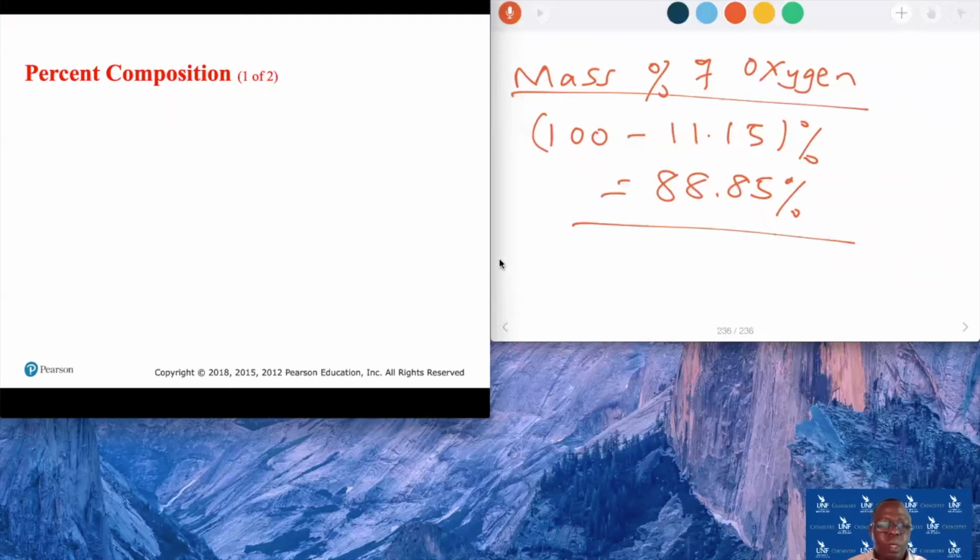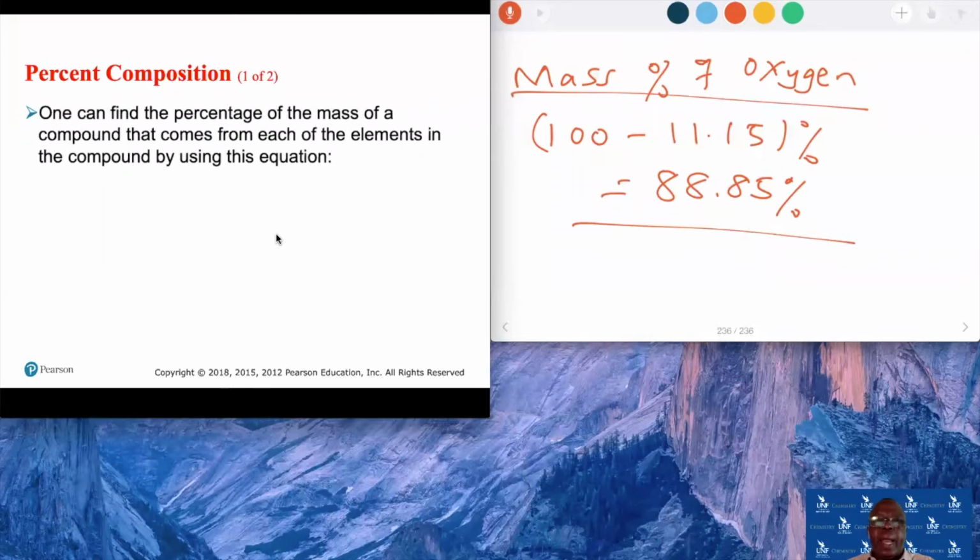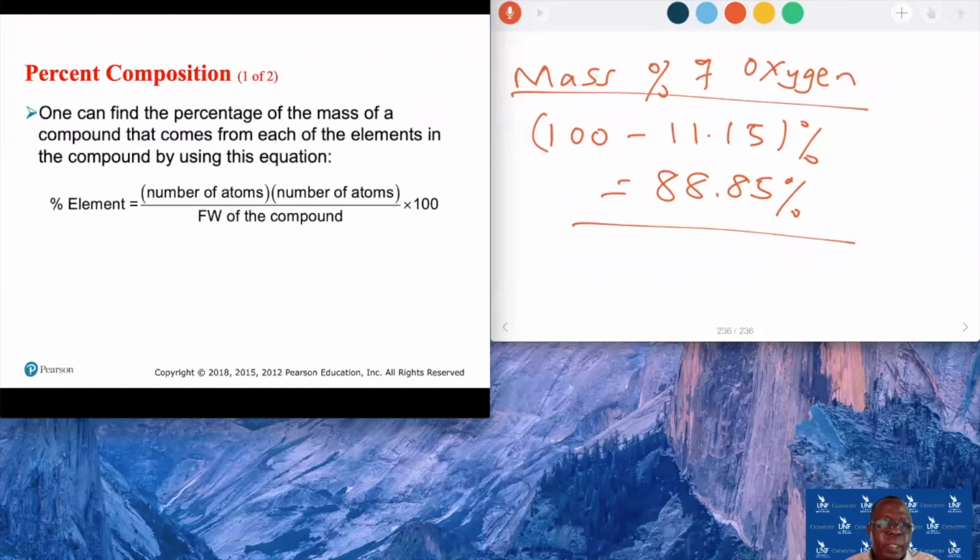So going back to mass percent, this is just an illustration. I've just given you an example of how to determine the mass percent of an element. The formula mass of a compound can be given, or you may be required to use the periodic table, times 100%.